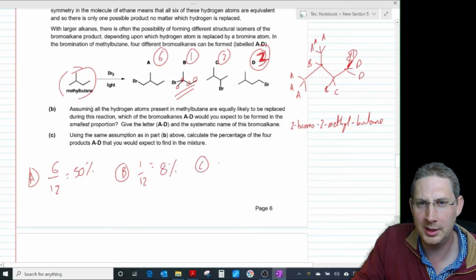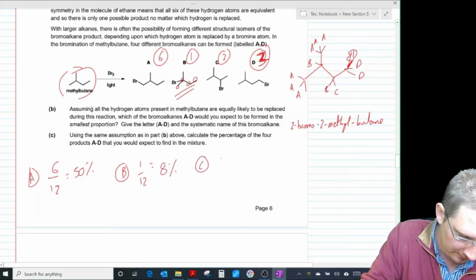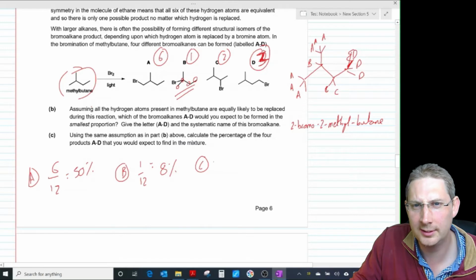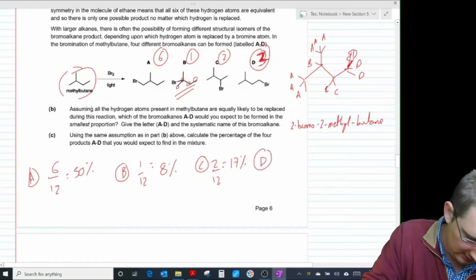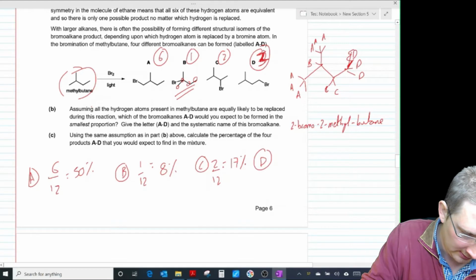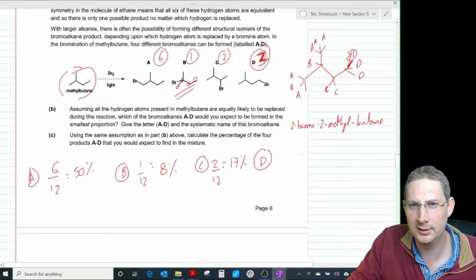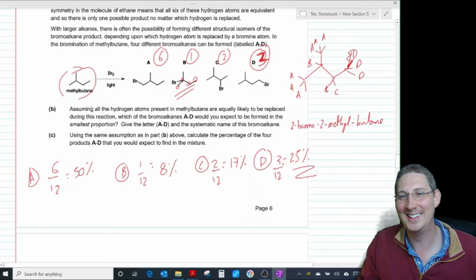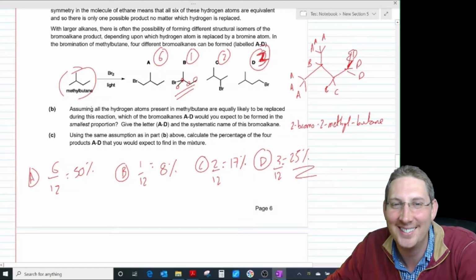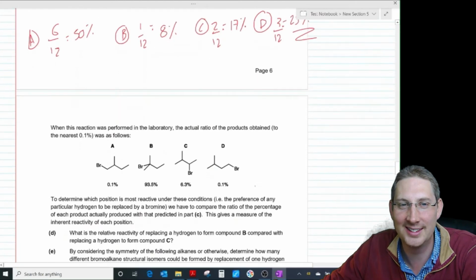C therefore would be 17%. And D would be 25%. I'm not sure if that adds up, but yeah, D is 3/12. Oh, of course it is, 25%. Yeah, I can do that.